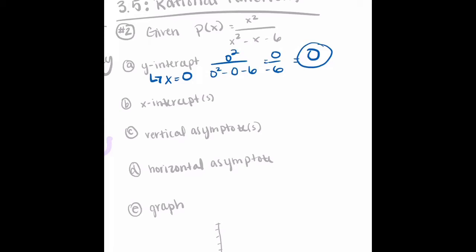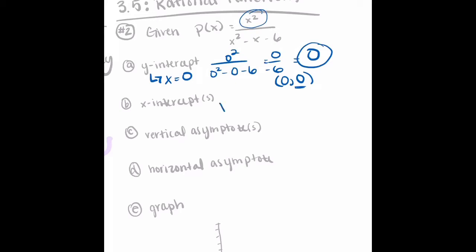I'm wrong. Y is equal to 0. Sorry about that. So y is equal to 0. So 0, 0 is your y-intercept.